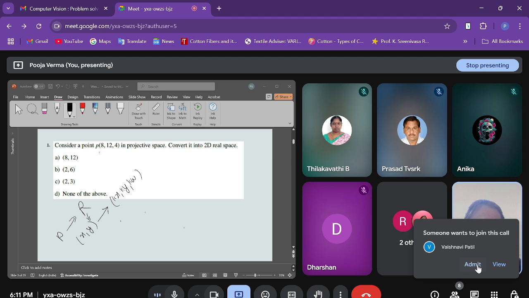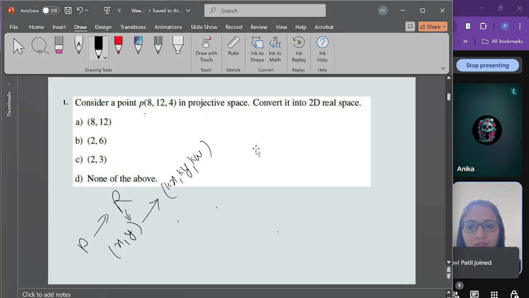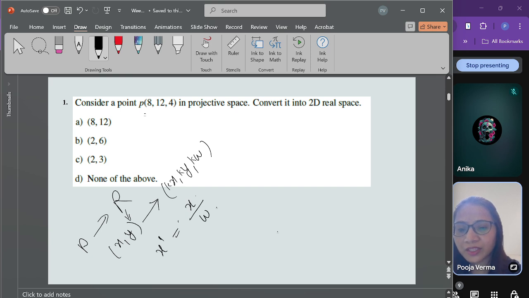Now it is already given in the projective form, so we just need to divide. Let the x coordinate of the 2D real space be represented by x dash. We divide by the third component: x divided by w. Similarly for the y coordinate: y divided by w.